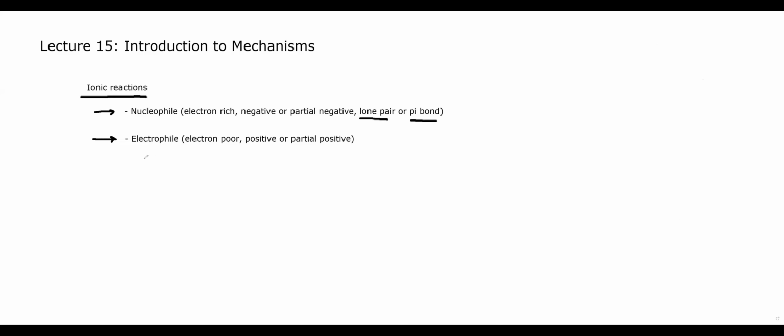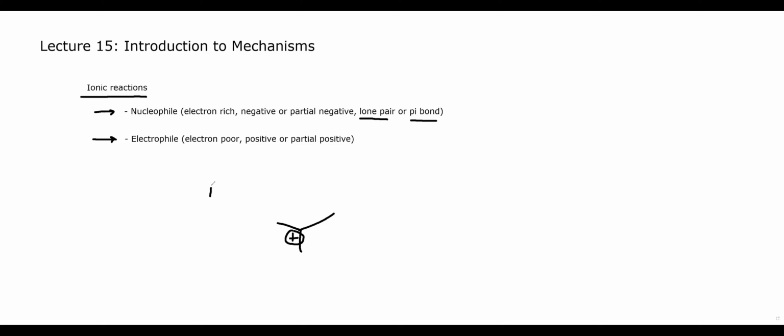Electrophiles, on the other hand, are electron poor, electron deficient, and it's going to be a positive or a partial positive. So we could see, for example, a carbocation, a positive charge on a carbon, right? This is an electron poor carbon.